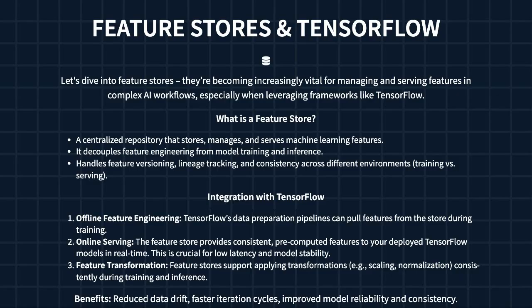The great thing about it is that it separates the process of creating those features from actually using them in your model. This means TensorFlow can pull features directly from this store during training and, even more importantly, consistently deliver those same features to your deployed models when they're running in real time. This helps avoid issues like data drift, where a model suddenly starts performing poorly because the input data changes unexpectedly. It's all about making your AI systems more reliable and efficient.